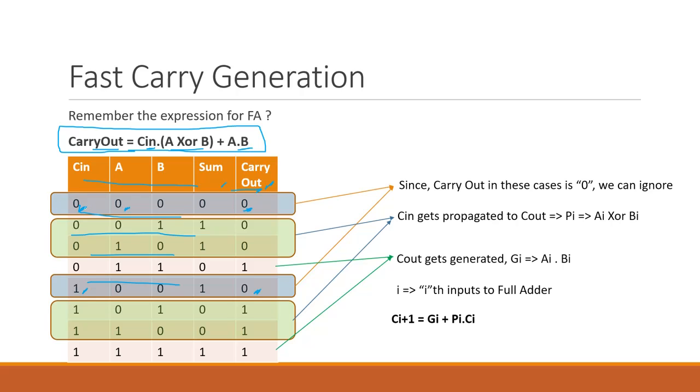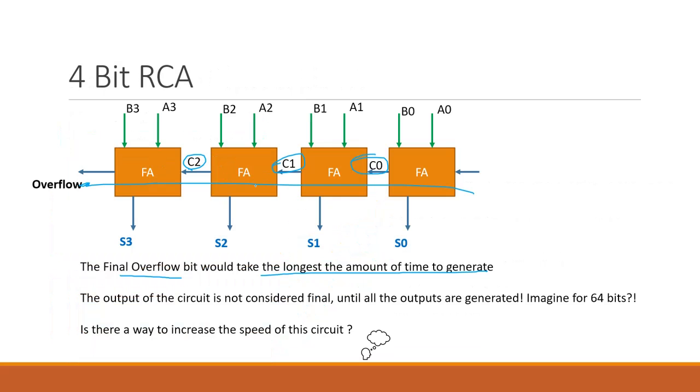If we can resolve that dependency, then we can quickly find the value of this. This dependency is what is causing this whole propagation delay to exceed. So if you are somehow able to get rid of this dependency, then we are good. So that's what we are trying to do over here.